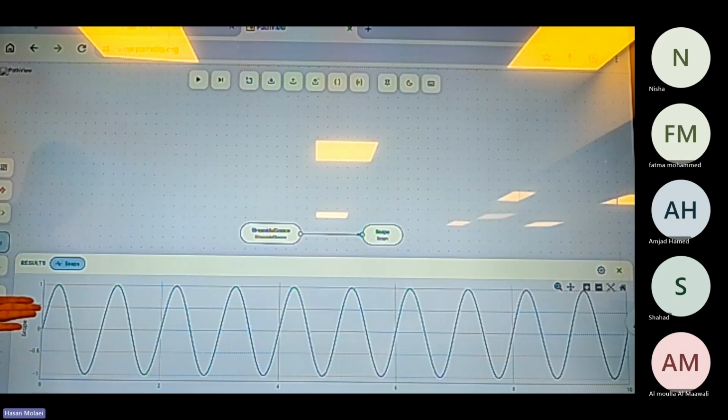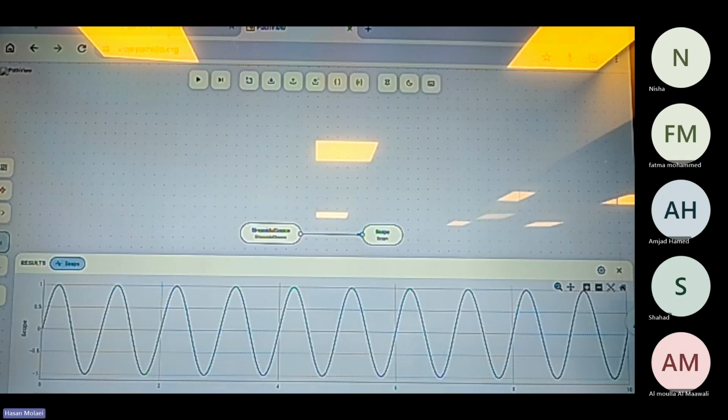This is positive, this is negative. If we add them together, the result would be zero. How much is the RMS? What is RMS or effective value? 1 over root 2, which means 0.7 almost. Yeah. The RMS of this signal is 0.7.